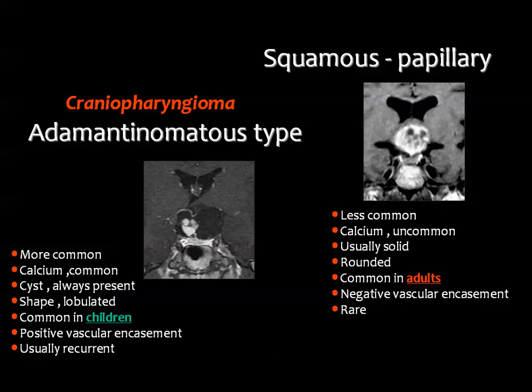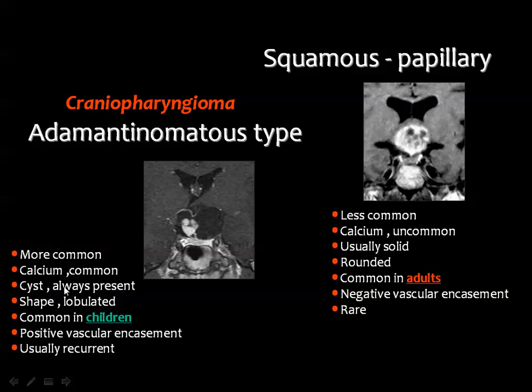For the craniopharyngioma, we have three main types. The first and the commonest type is the adamantinomatous type, and this is the regular type seen in the pediatric age group. The second type is the squamous papillary type, which is usually seen in adults. And the third type is a mixture between both. The adamantinomatous type, or let us say the regular craniopharyngioma, is commonly seen in children.